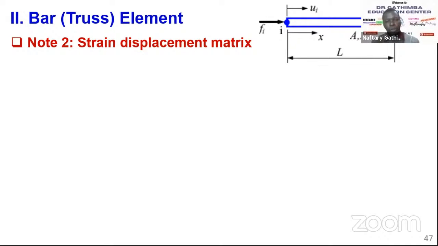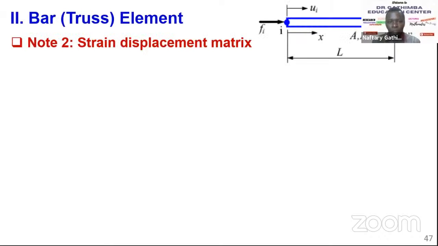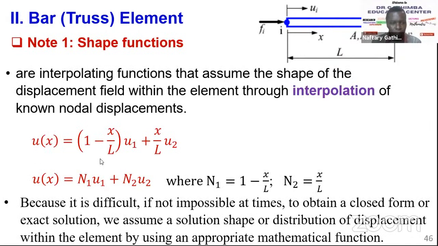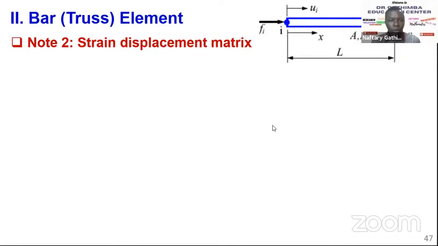Now, the strain displacement matrix, you might be told to define stress, or you find stress defined, and I think you have this in your notes. Remember, we have our displacement equation, this one. So this is U. I don't want to give you an equation you don't have. We are using 1 or i.